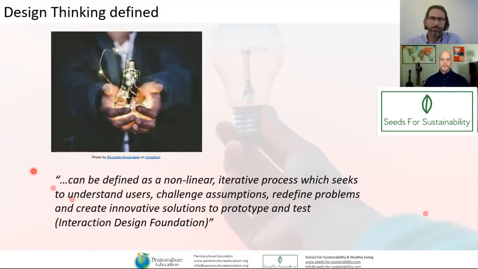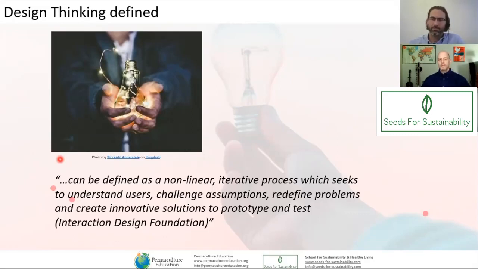This concept has been around since the 1970s, and it started with a designer named Richard Buchanan. He coined the term wicked problems. This refers to a problem that's complex or ambiguous and open to constant reinterpretation.